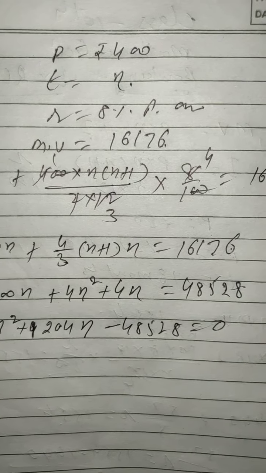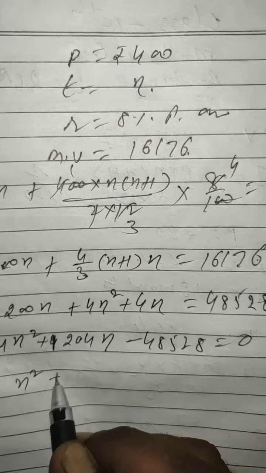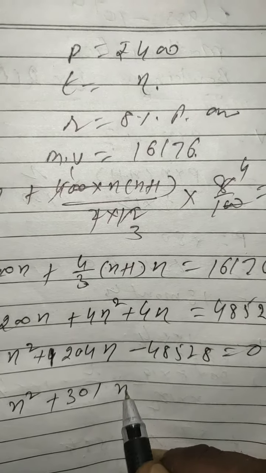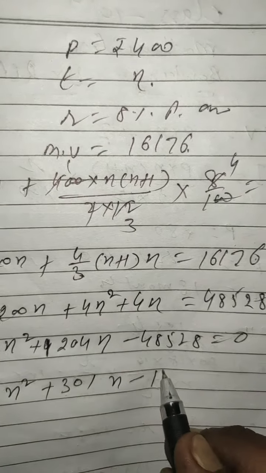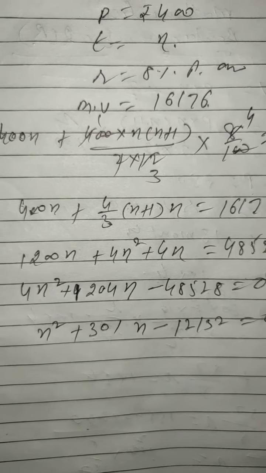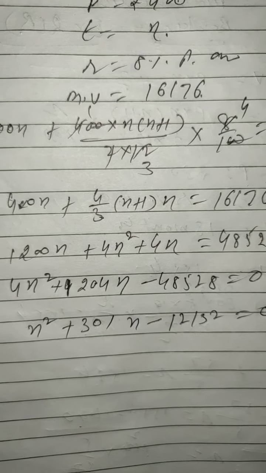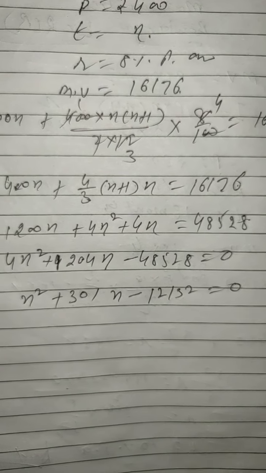Here you can take the common factor 4 from each and every term. It will be n square plus 301n minus 12132 is equal to 0. Now you have to find two numbers whose sum is 301 and product is 12132.